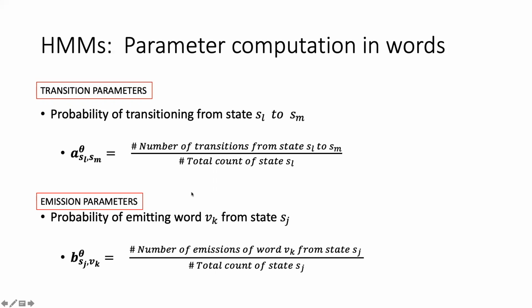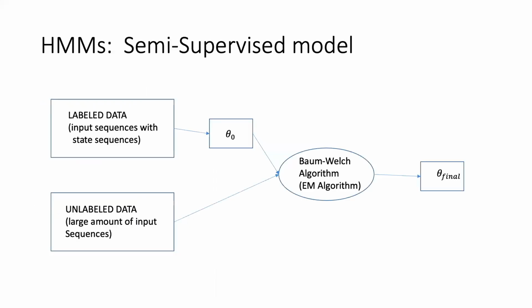These are the solutions we arrive at for supervised learning. Let's see how to do it for semi-supervised learning. Let's say some data is labeled. Then we can get the initial estimate using the supervised approach, and from the unlabeled data, we can use the EM algorithm to estimate the maximum likelihood, which is an iterative approach.